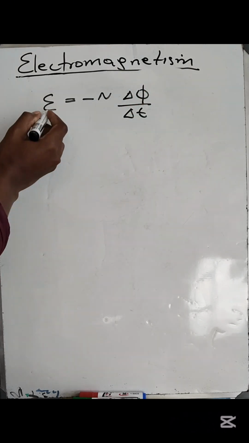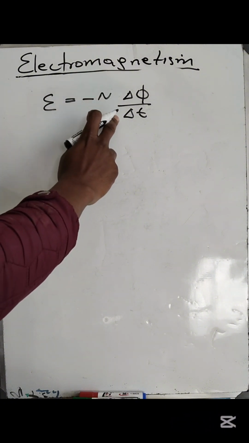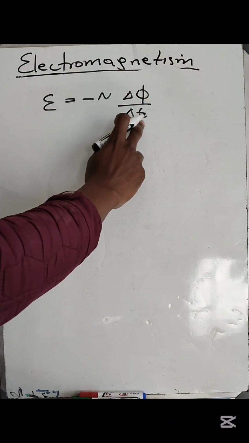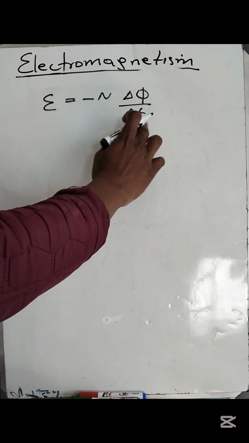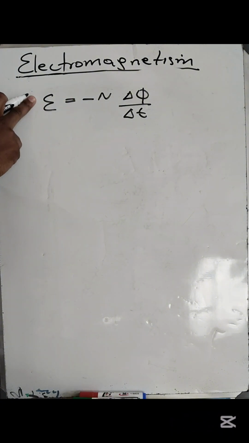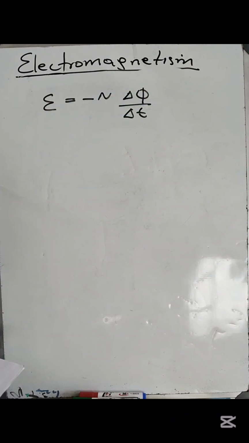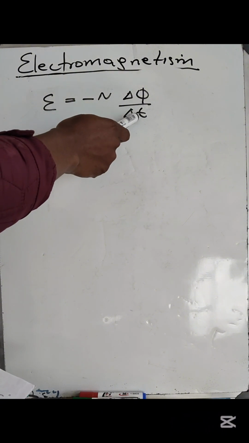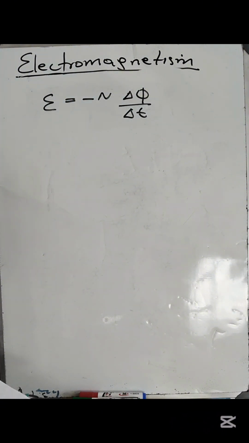Meaning that if the rate of change in magnetic flux is increasing, the EMF also increases. But when the time increases, this will decrease, okay?